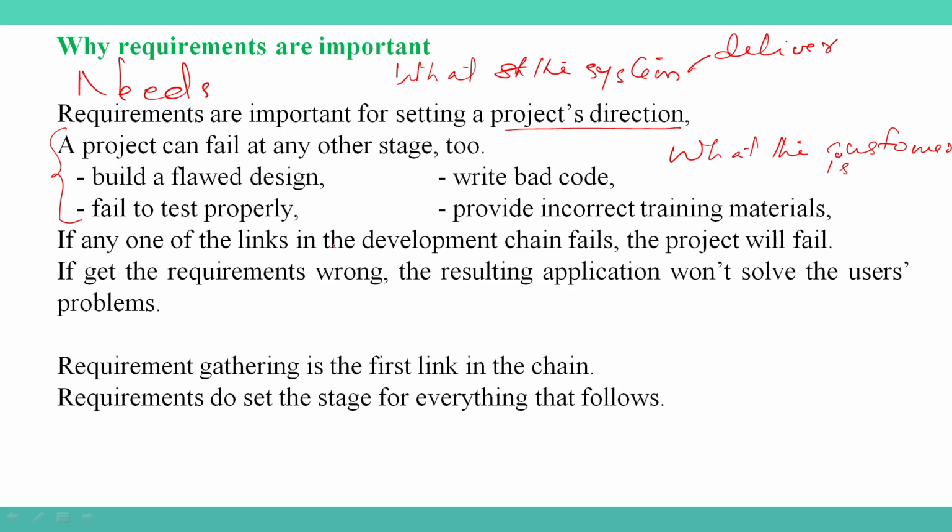A project can fail in different ways: due to a wrong design, due to bad code, due to improper testing, because of incorrect training, and for many such reasons the project can fail. If any one of the links in the development chain fails, the project will fail. That is, in any stage, any kind of problem will lead to project failure.